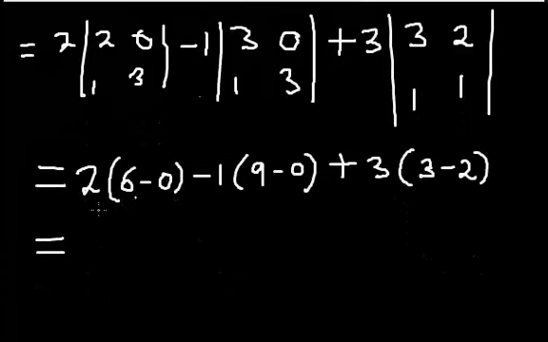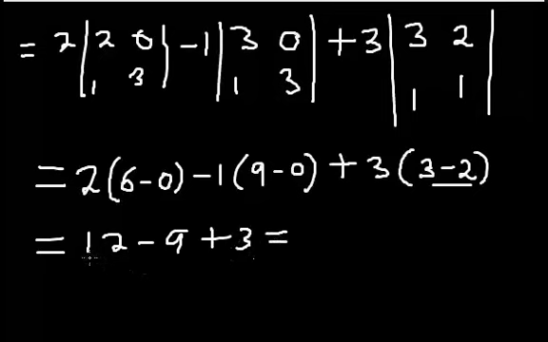This is 3 times 1, which is 3. So here comes my answer. 12 minus 9 should give me 3. Then of course 3 plus 3, that's 6. That is my answer.